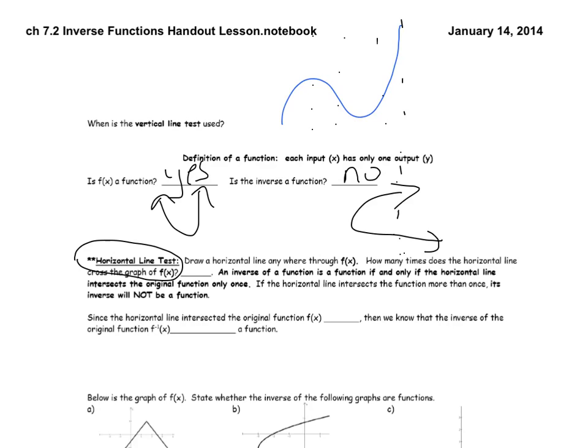So if a horizontal line goes through the original function more than once, it might be a function, but the inverse is not going to be a function. And you can see that on our original function. If we draw a horizontal line through there, it passes through here and here one more time, so we know that the inverse will not be a function. Without even having to graph it, we know that it will not be a function. That's the horizontal line test.